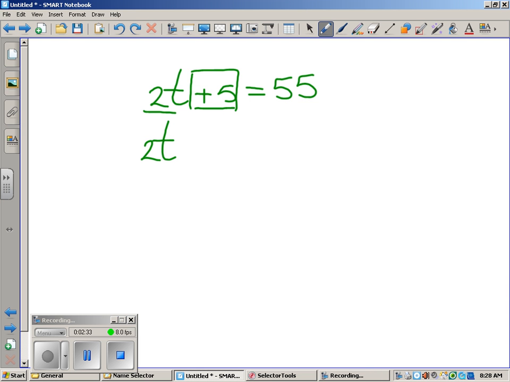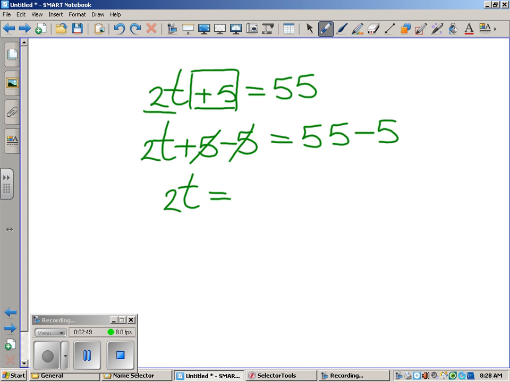Remember, do not change the order. You do not change the order. It will just get you so wrong. So you write everything down in the same order and you write minus 5 on both sides. Here they'll cross out because 5 minus 5 is 0. So on this side we are left with 2t, and on this side it's 55 minus 5, and that's 50.